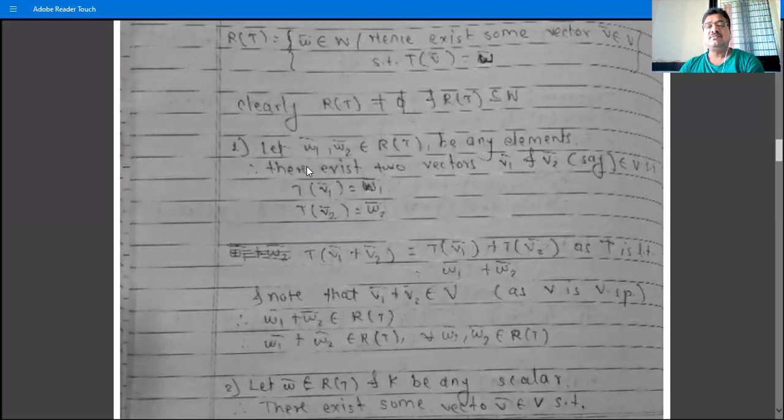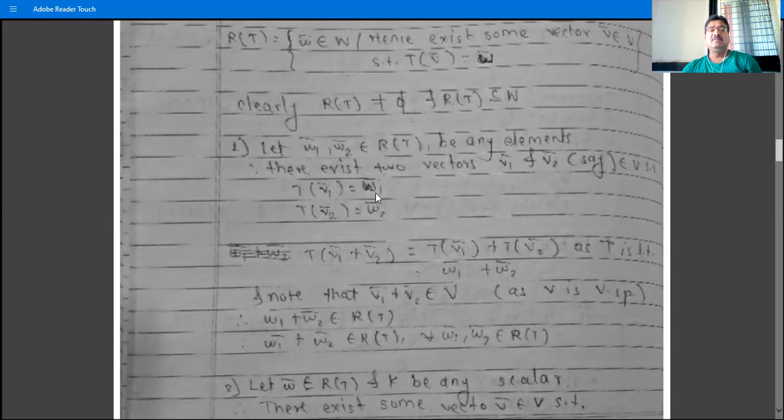Therefore there exist two vectors V1 and V2, or we can take another notation, U1 and U2, or any other notation. So there exist two vectors V1 bar and V2 bar belonging to V, such that T V1 bar is equal to W1 bar, and T V2 bar is equal to W2 bar.